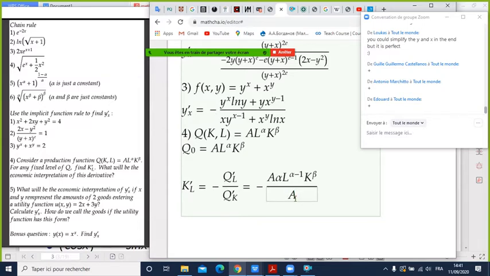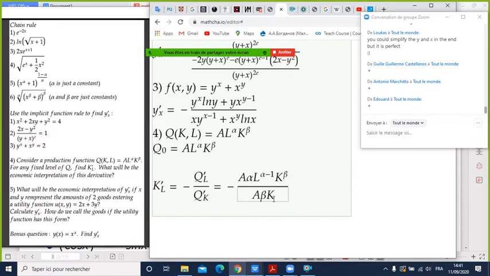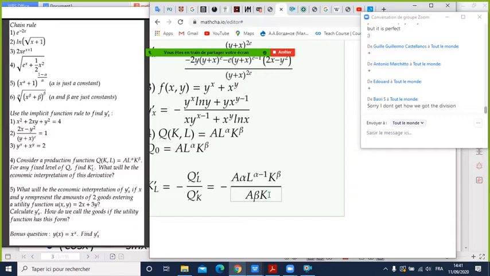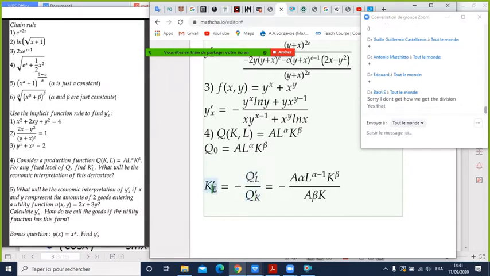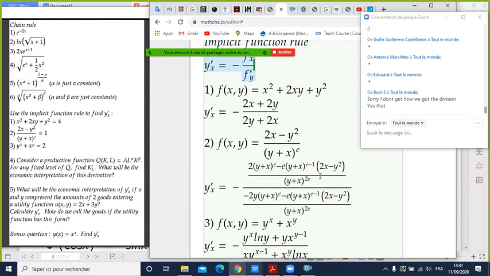Then for K it will be not absolutely the same, but symmetrical. And here we're going to have the division. Which division? This is just coming from the implicit function rule. The derivative of K with respect to L is equal to the derivative of the Q function with respect to L over the derivative with respect to K. So what we did is just change letters.